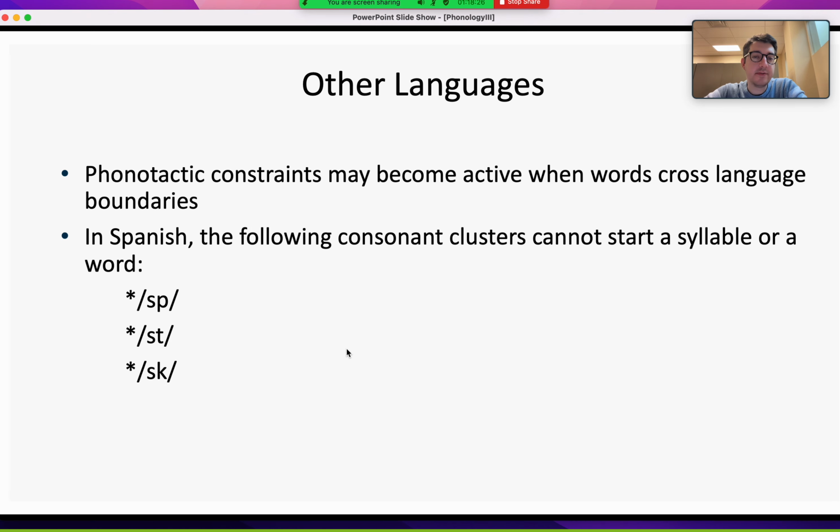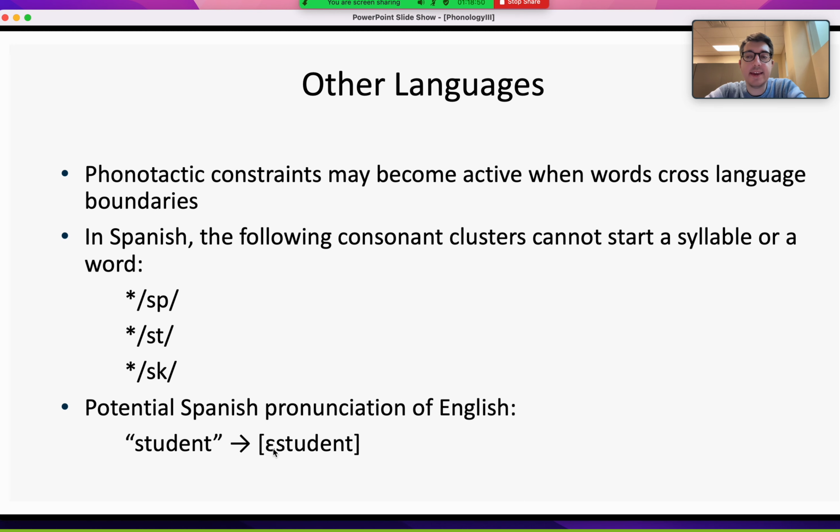In other languages, phonotactic constraints may be active when words cross language boundaries. For example, in Spanish, the following consonant clusters cannot start syllables: sp, st, sk. In English, they can. So we can say spit or stick or skate, right? But in Spanish, they need to add something to it.